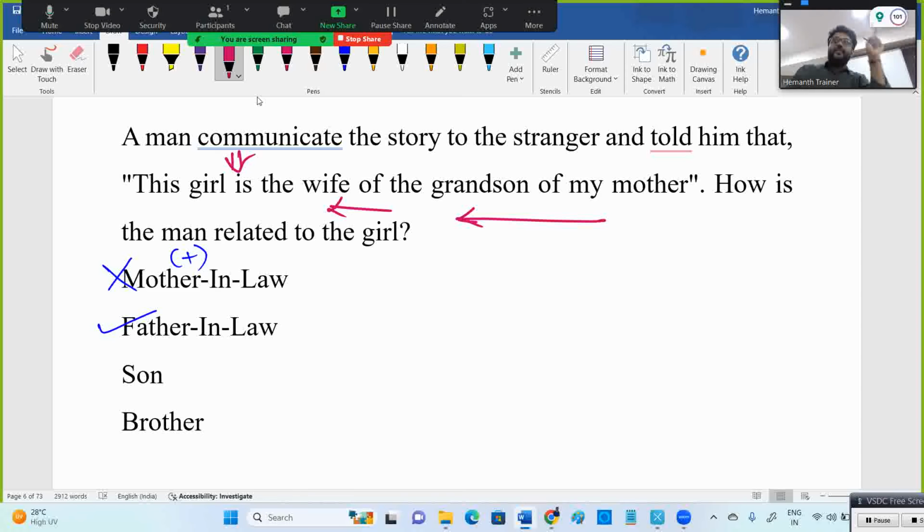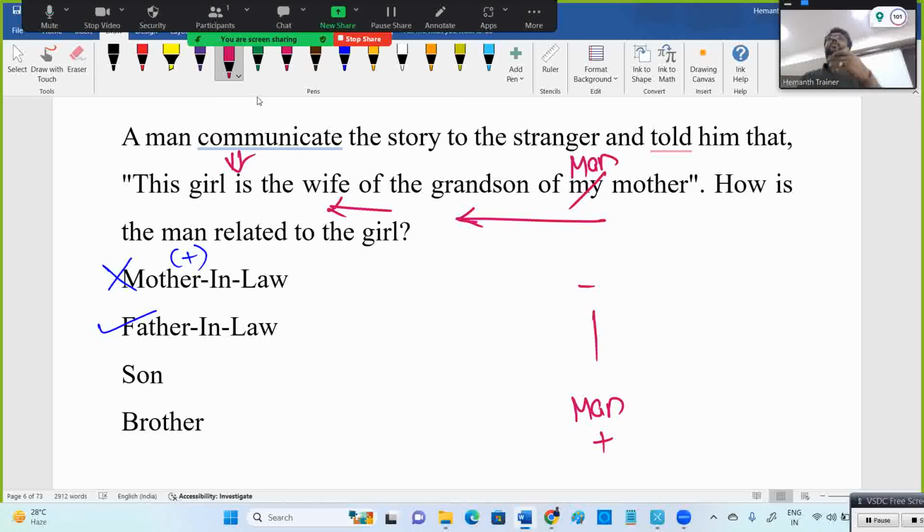In that fashion, if you remove that 'of', my mother, grandson, wife. If 'of' is removed, we have to read it from back to front actually. So my mother, grandson, wife. My means, who is saying this? Man. So man, mother, grandson.